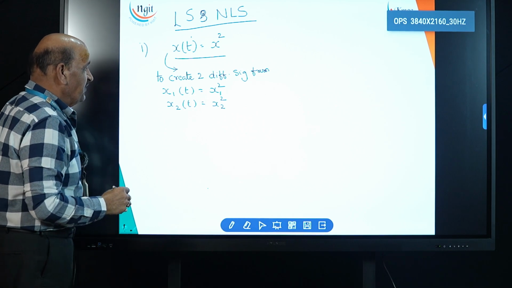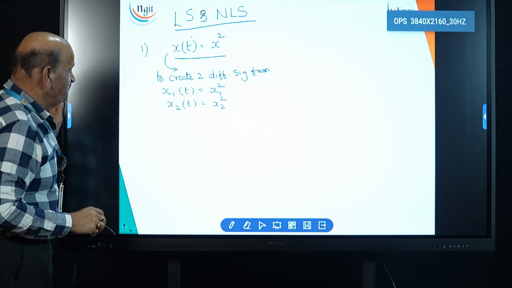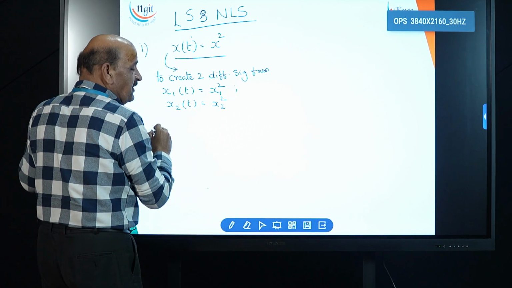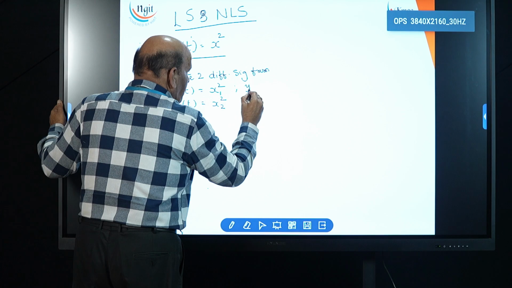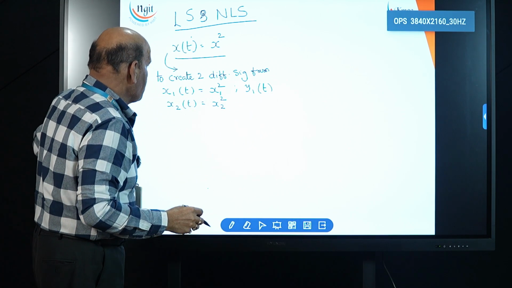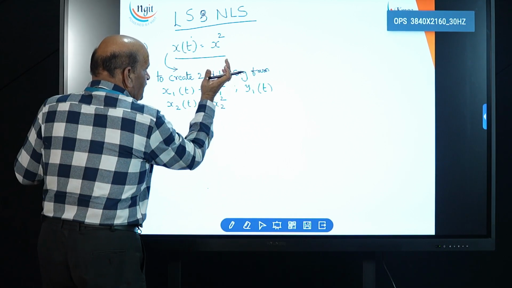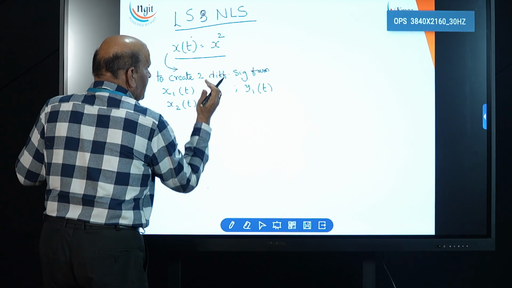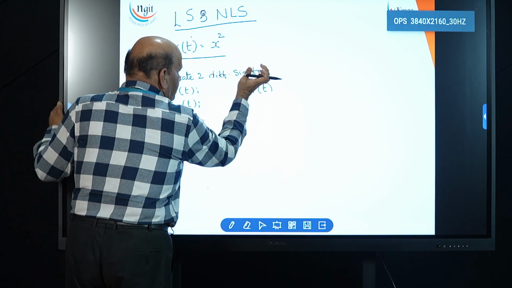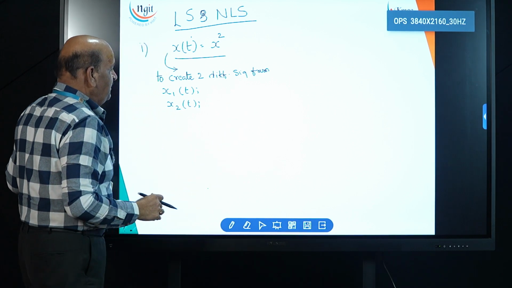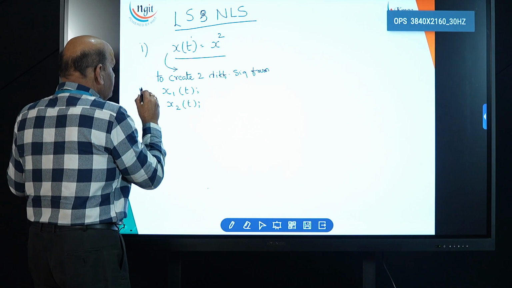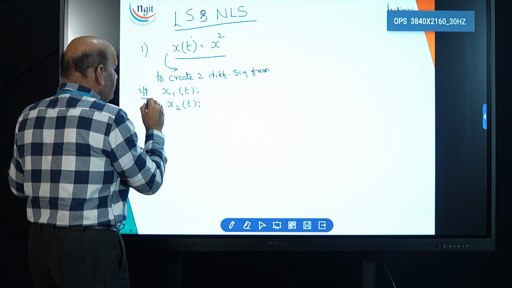These are two different signals. Let us create two signals, x1 of t and x2 of t. These two are inputs.